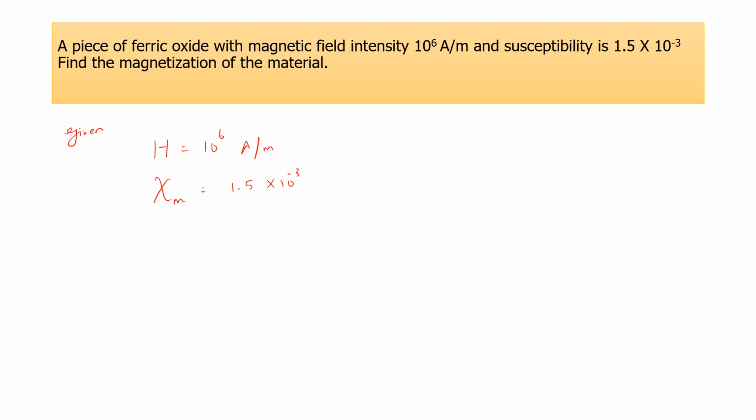So we know chi-m is equal to I by H, which means I is equal to chi-m into H. So chi-m is 1.5 into 10 power minus 3 into 10 power 6. So what is the answer? You can use the calculator to check. It is 1500 ampere per meter. Whatever is the unit for H will be the unit for I, because chi has no unit. So this is the answer.